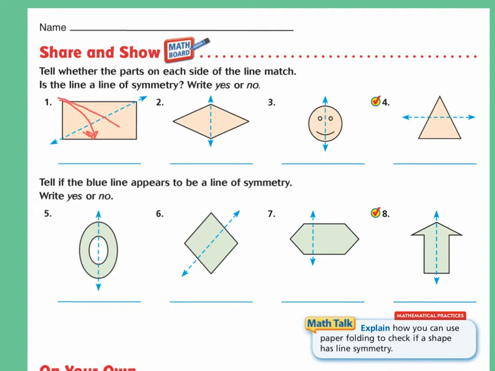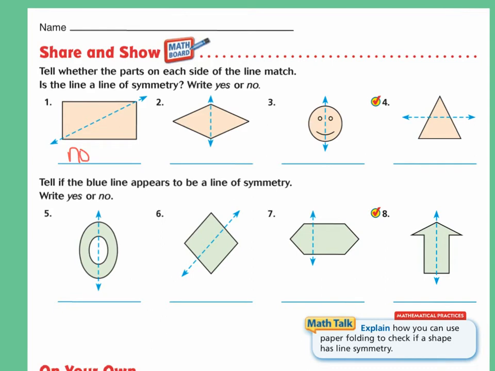If I fold that over, it's not gonna meet this corner right here. So the rectangle actually does not have a diagonal line of symmetry. It just has vertical and horizontal. So in this case, the dotted blue line would not be a line of symmetry.